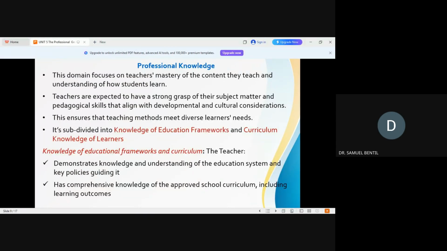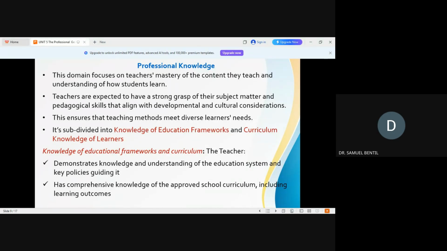Now, professional knowledge. This domain focuses on the teacher's mastery of the content they teach and understanding of how students learn. So here we are saying that teachers are expected to have a strong grasp of their subject matter and pedagogical skills that align with the developmental and cultural considerations.